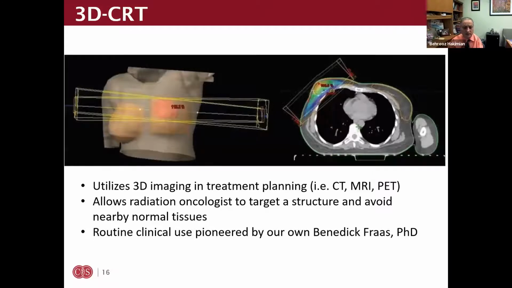So we started using computers, and with the use of computers, we are able to three-dimensionally generate where the tumor is. This is a case of a breast cancer, but sarcomas are very similar to that. Basically, you contour where the tumor is, and then you contour where the normal tissue is, and then you put a field of radiation that goes through and through.